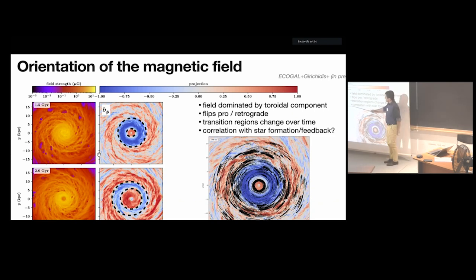Okay, so if we look at these transitions, we can also check what kind of physical process is likely to occur with that. And in order to see the first impression, I just overplotted the local supernova that occur within a time frame of 10 megayears over the projection of the toroidal field.